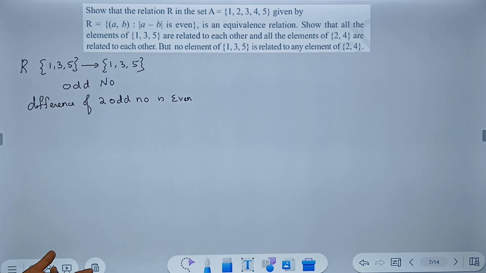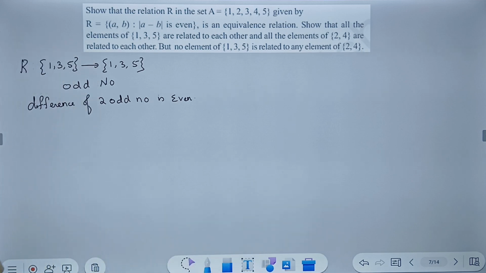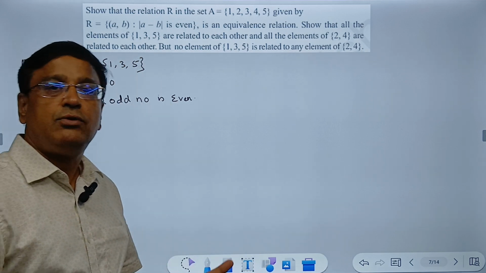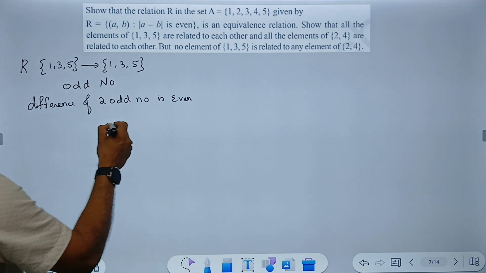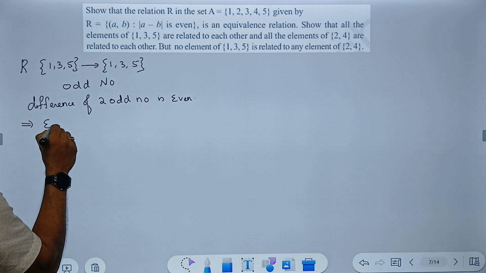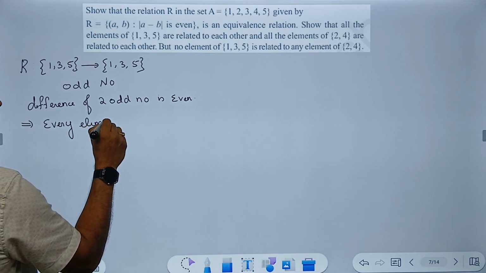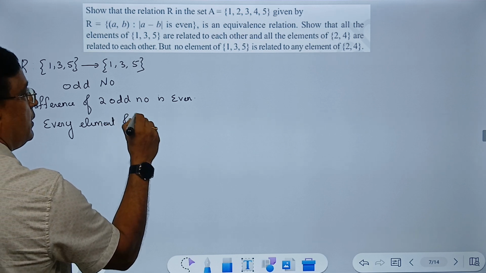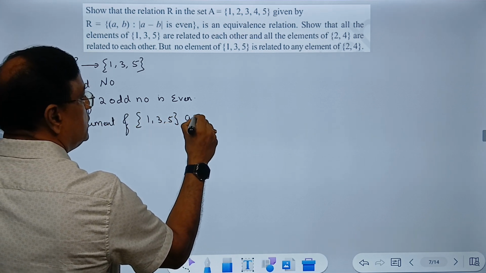Difference of two odd numbers is even. 1 minus 1, 0, even. 1 minus 3, minus 2, even. 1 minus 5, minus 4, even. If you put modulus, it becomes even. So the difference of two odd numbers is even. This implies every element of {1, 3, 5} are related to each other.